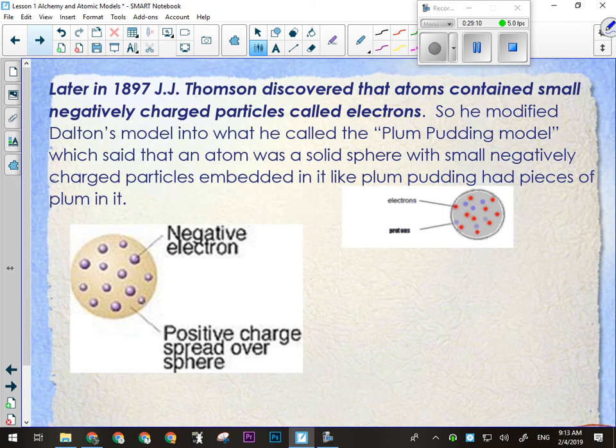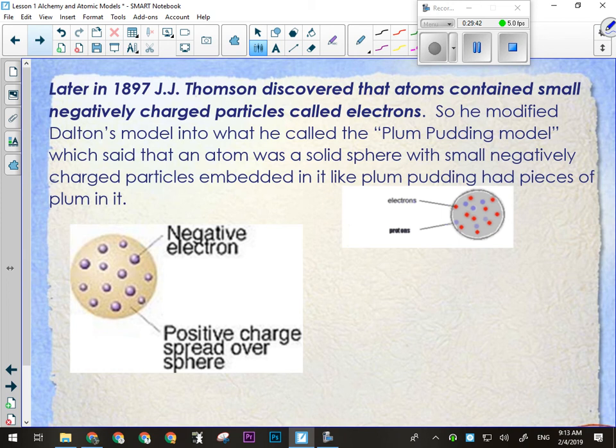So what Thompson said is there's really nothing inherently wrong with an atom looking like a sphere, but there has to be 2 parts to it. One part that's negatively charged that can fall off and travel through the wire, thus it's even smaller than the rest of the atom, and then the rest of the atom can be positively charged. So he came up with what he called the plum pudding model. He said an atom is a solid sphere, but there are these plums stuck to it that are electrons, that can fall off during a chemical reaction.